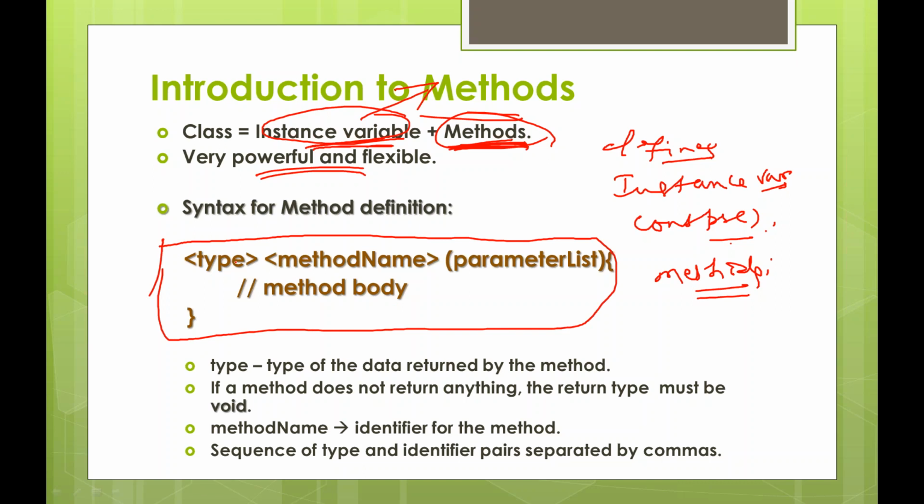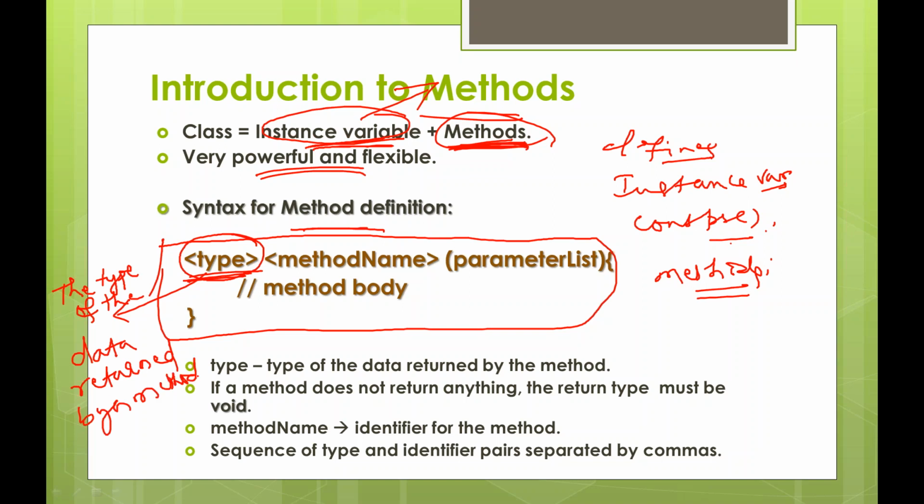Okay, so the syntax for defining a method is, we will first define the type. This type defines the type of the data returned by this particular method.